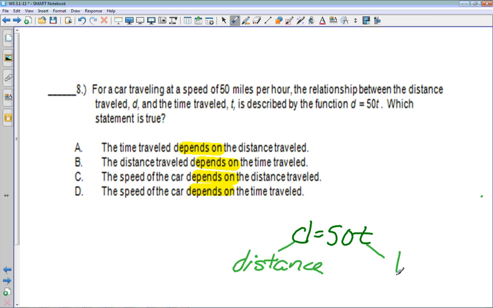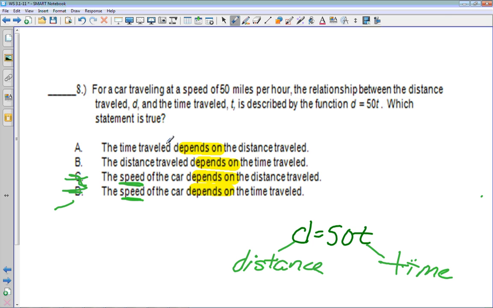And the T is time. Pen is not being friendly right now. Okay, first off, this talks about speed and speed. I'm not talking about speed in here. That's not the 2 variables, so it's not this.